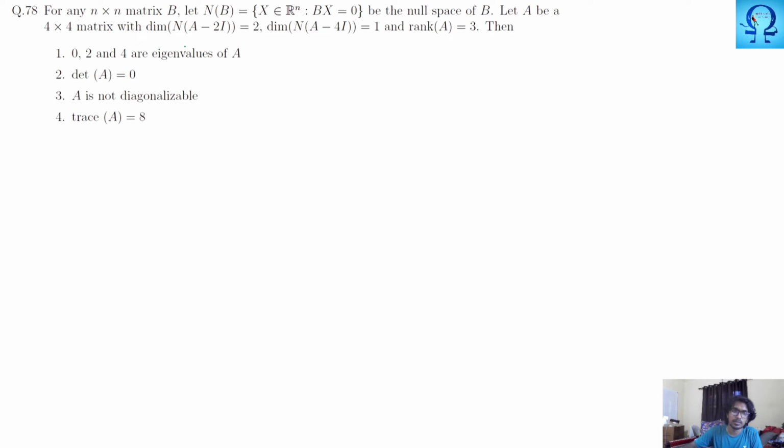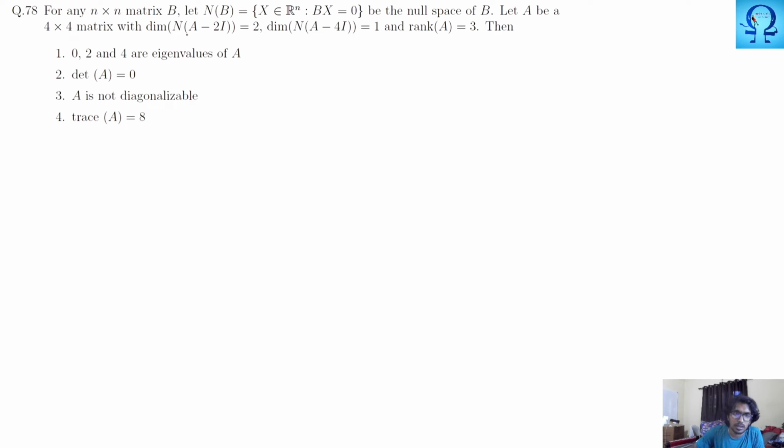Here, for any square matrix B, N(B) is given to be the collection of vectors in R^n such that Bx is 0. So, basically, the null space of B is defined. Right? And A is any 4 by 4 matrix with these properties. Okay.